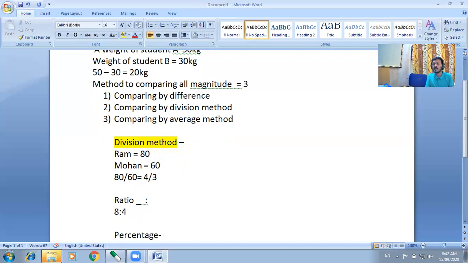By 20 percentage or 20 marks. So we can say percentage is our reference point, which indicates comparison with respect to 100. It means per 100, Mohan's score is 80. So that is the percentage.